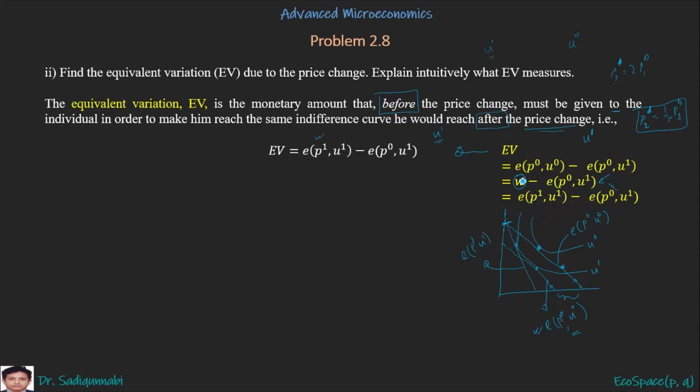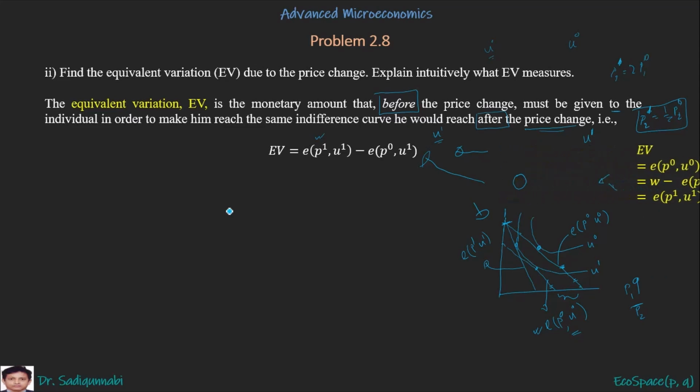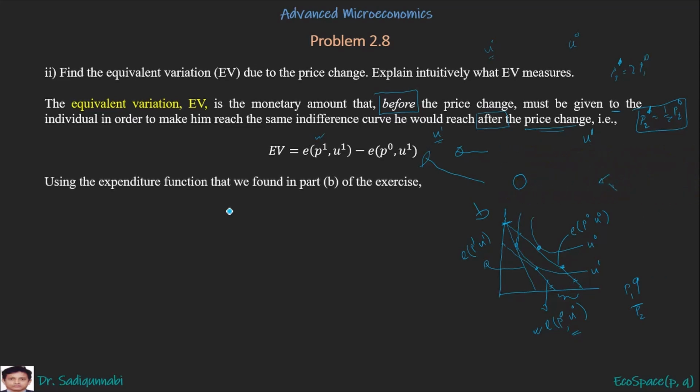But remember, in our example both prices change, but in this graph, for the sake of understanding, we raise only P1 and keep P2 constant. In our example, price 1 increases, price 2 decreases. So from the result of part B, we got E(P, U0) equals U0 times (P1 plus alpha P2).